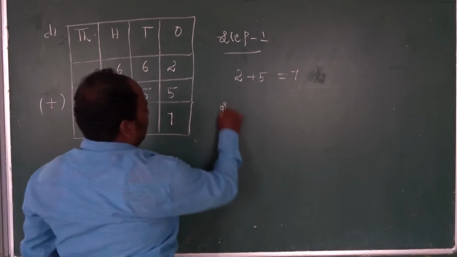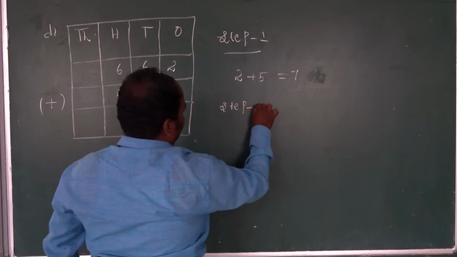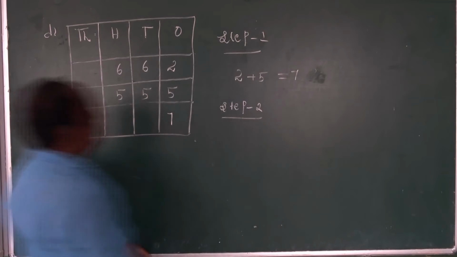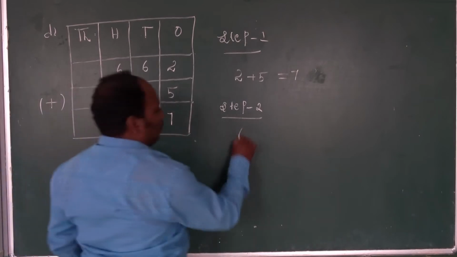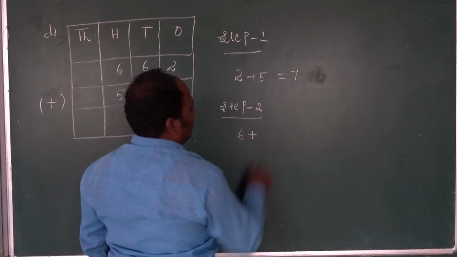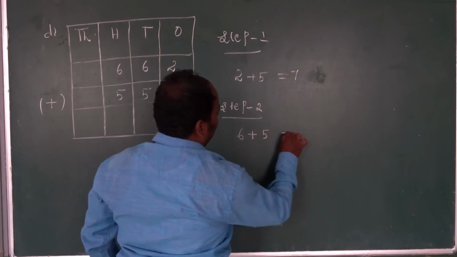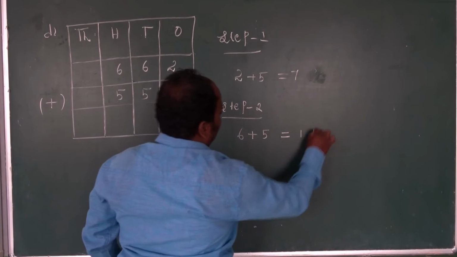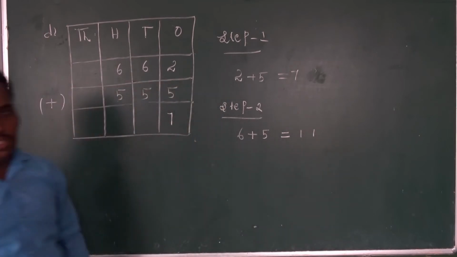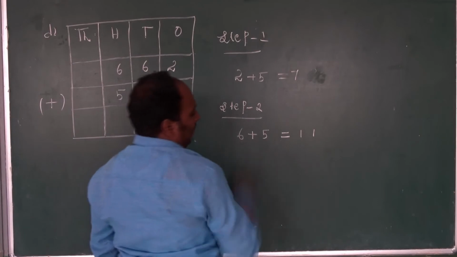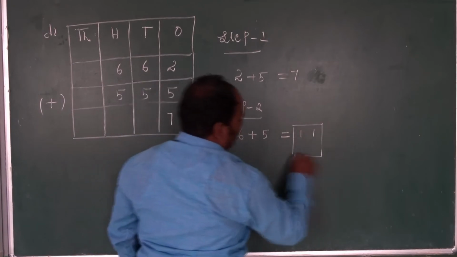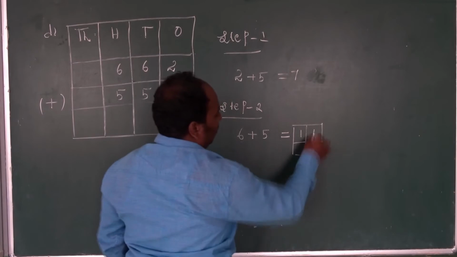The next one, step 2. Add tens place. 6 plus 5 is equal to 11. 6 tens plus 5 tens. That means 11 tens.